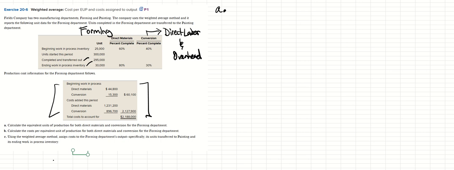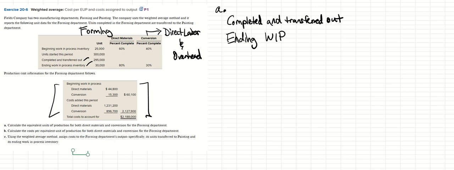So I'm going to set up this little table here. I'll put the units that were completed and transferred out, and right below it, ending work in process WIP inventory.